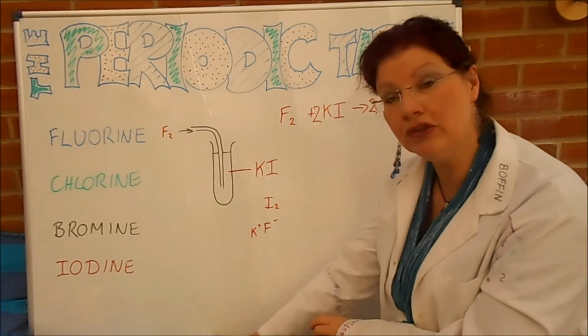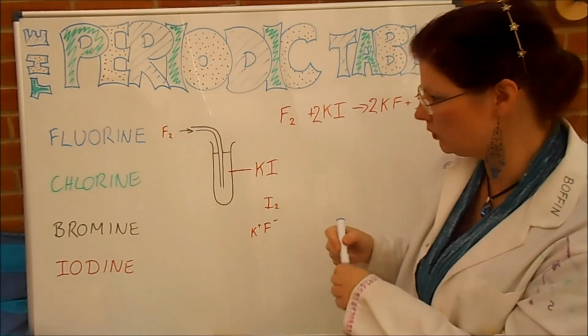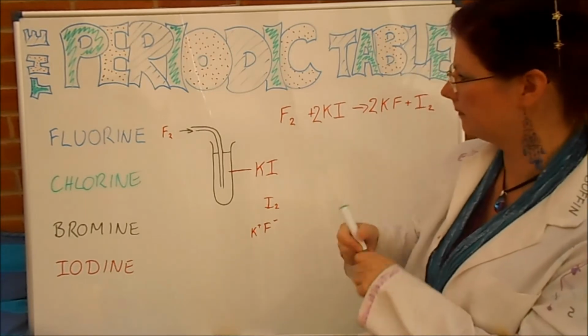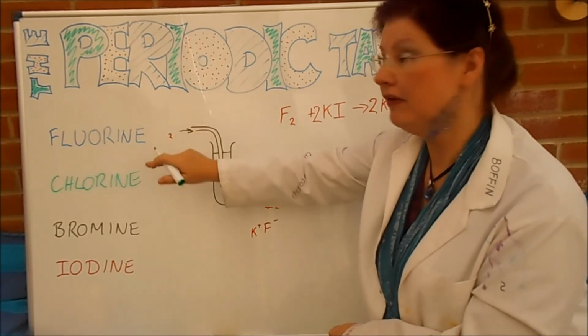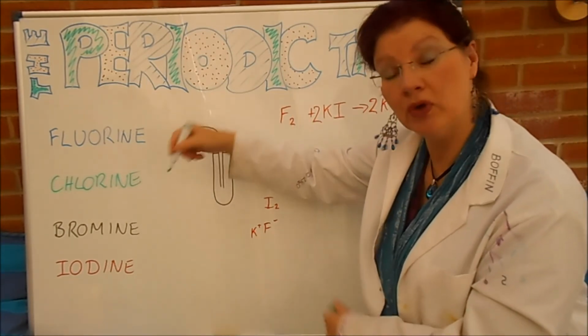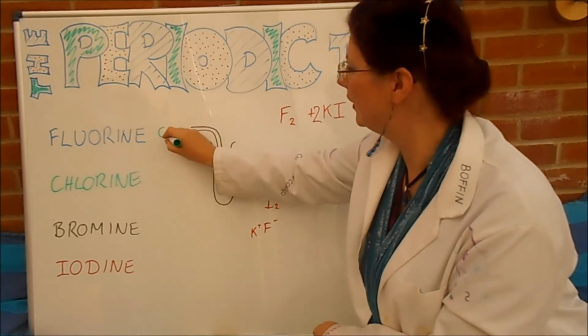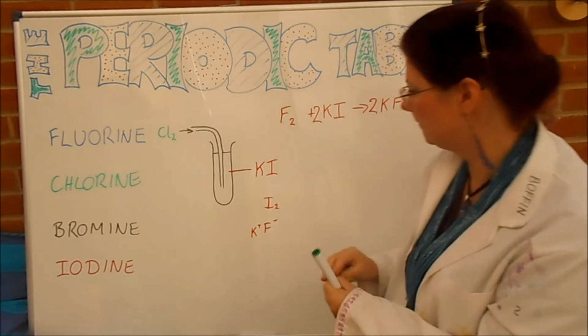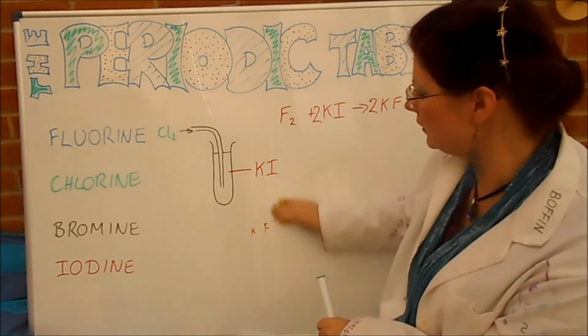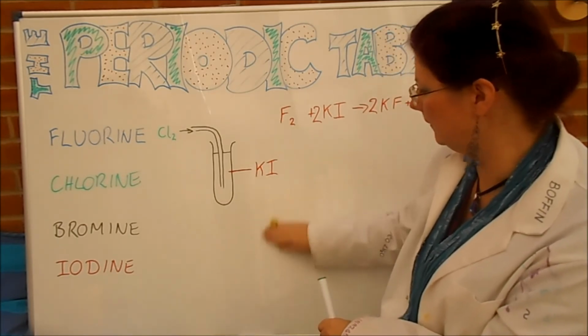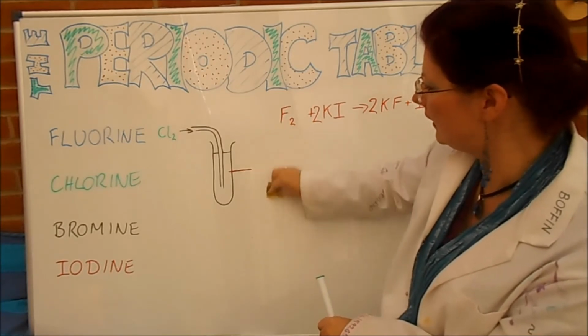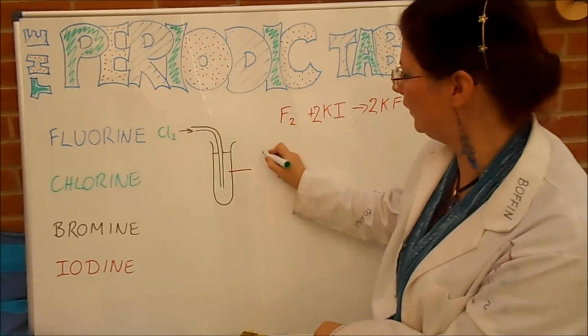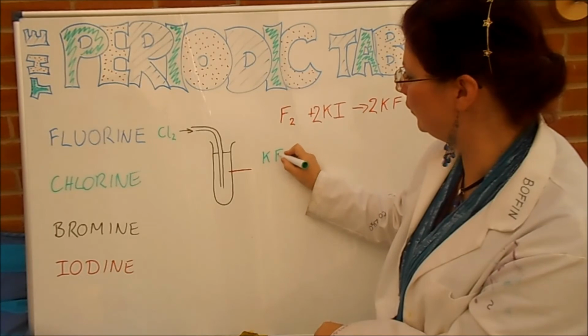So what I'd like you to do, grab pen and paper. I'll do this one in green, I think. Instead of F2, we're going to put Cl2. So we're going to be bubbling chlorine through there. And we'll have different compounds in here. I'd like you to try that first with potassium fluoride.